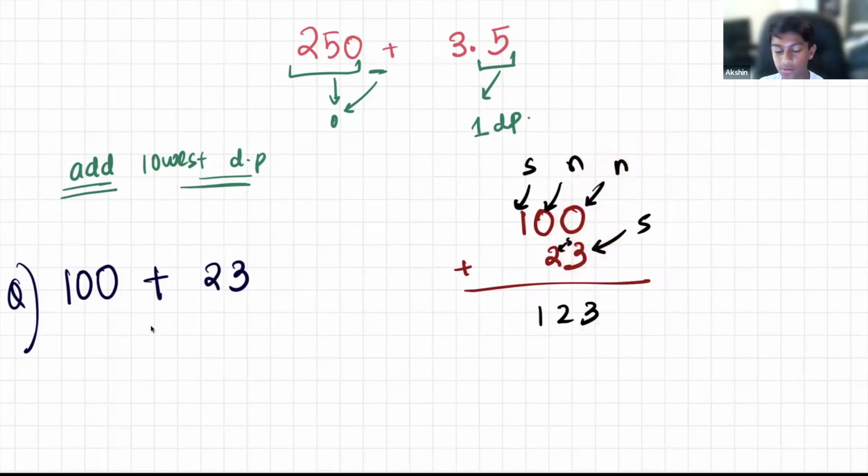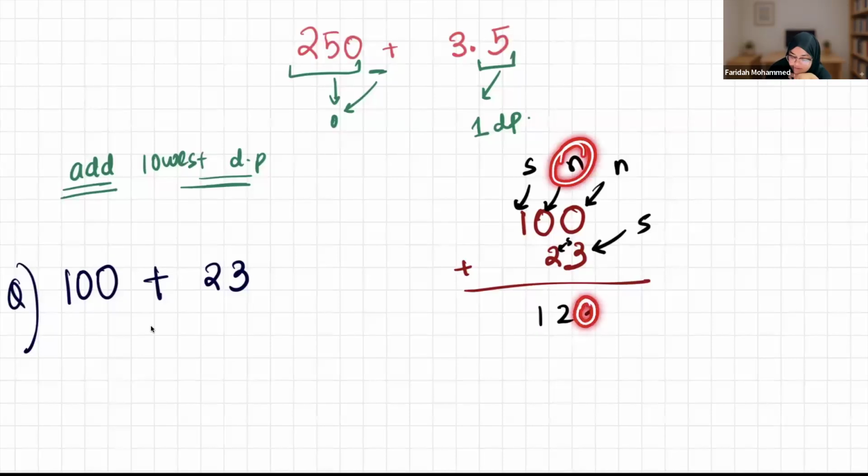If you cannot add the 0 and the 3, would it still remain a 0? Yes. Well, you will have to turn it into a non-significant number. We know that all non-zeros are significant. So zeros are not significant. So you have to turn it into 0.